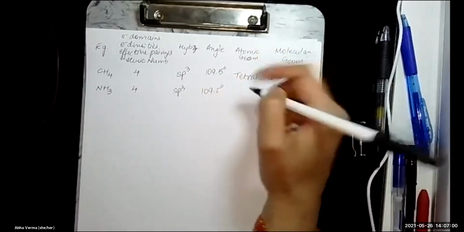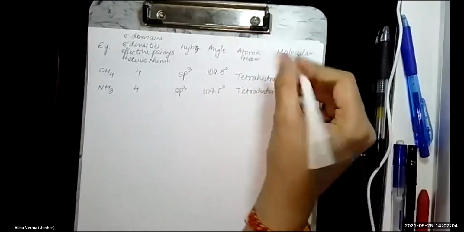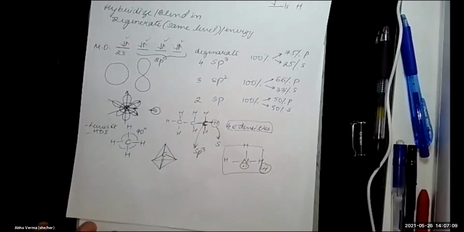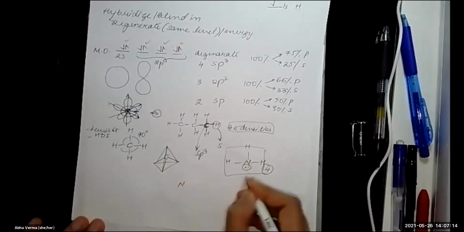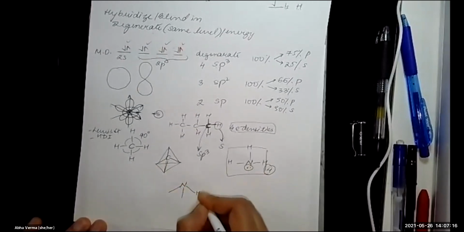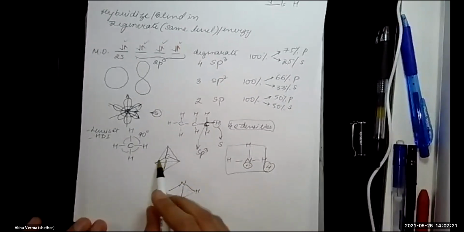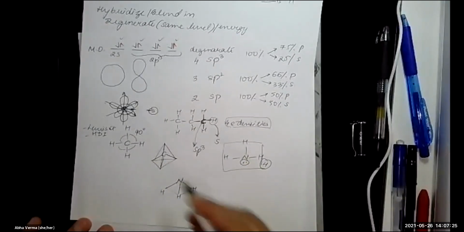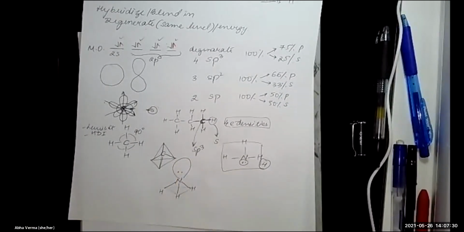And the atomic geometry will also be the same, tetrahedral. But the molecular geometry is not this square. I'm going to redraw my tetrahedral structure here. So the basic bottom part is the same, and my lone pair will occupy the 4th location.